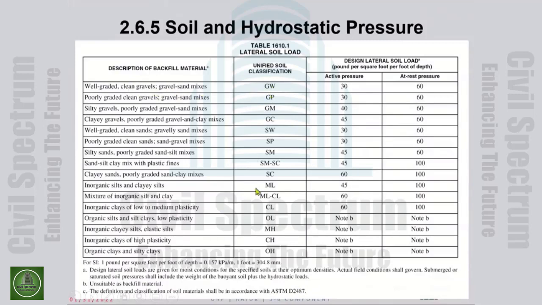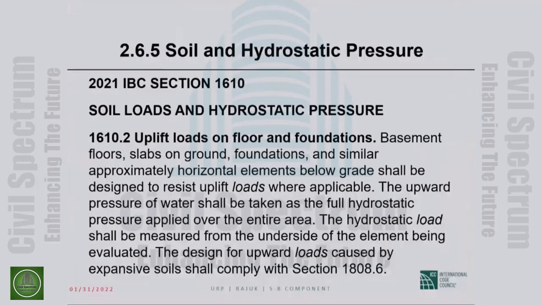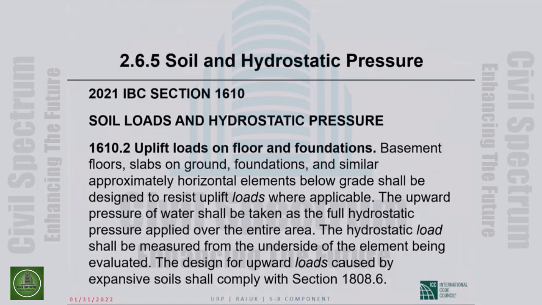This is GW. To CL is inorganic clays of low to medium plasticity. Depending upon what kind of soil you have, the lateral pressure that you can use in design. You don't have to, but you are allowed to use those values.